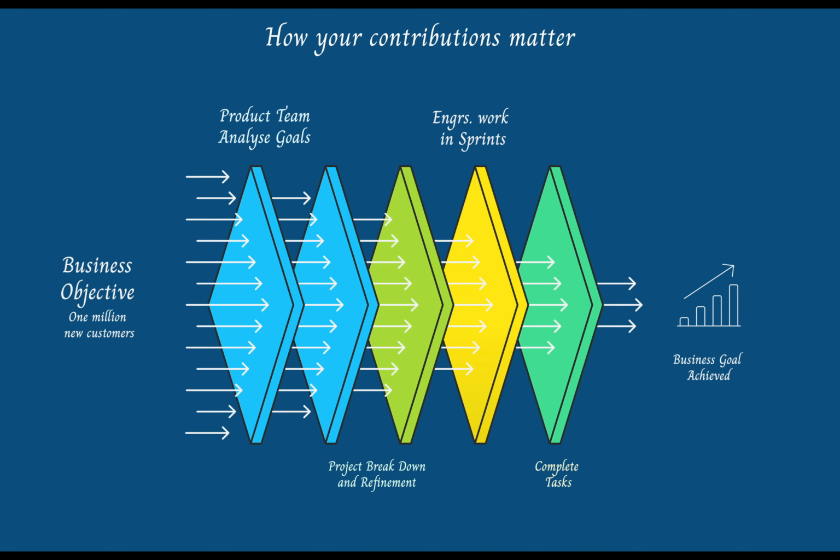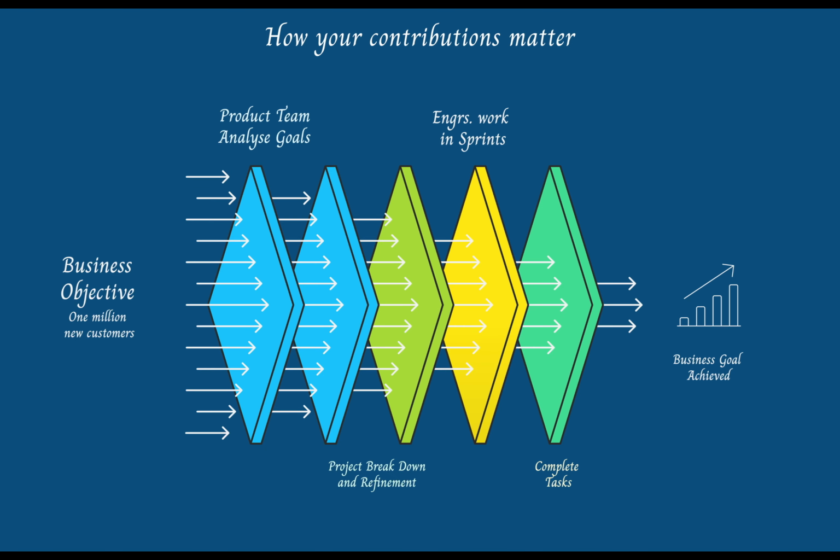Now, the product team is going to analyze this goal of having 1 million new customers, right? For us to get 1 million new customers, we need to automate our customer support process so that we can improve the customer experience, right? It's not going to be practical for us to hire 1 million new customer support representatives.